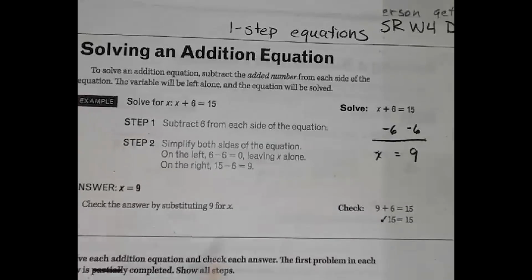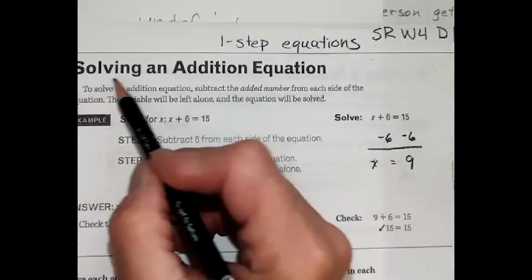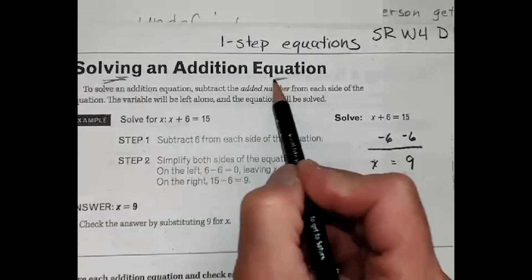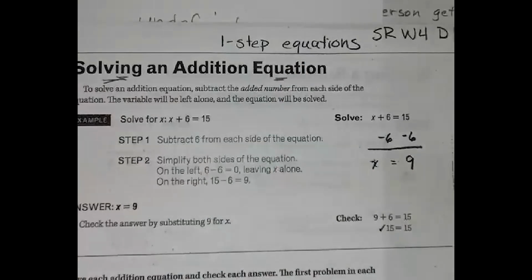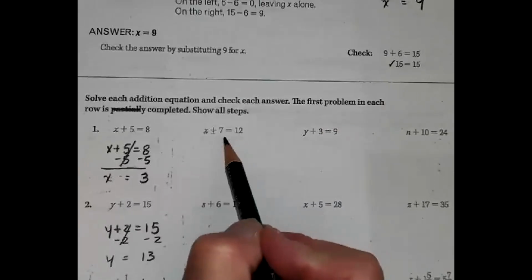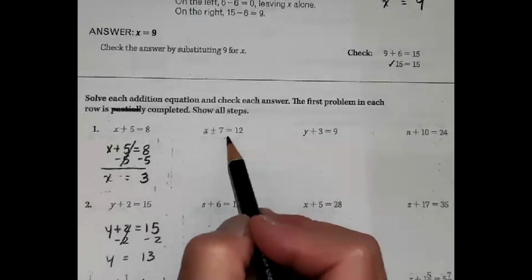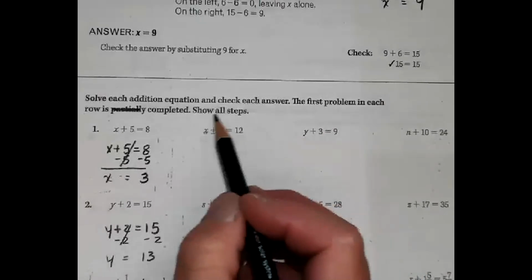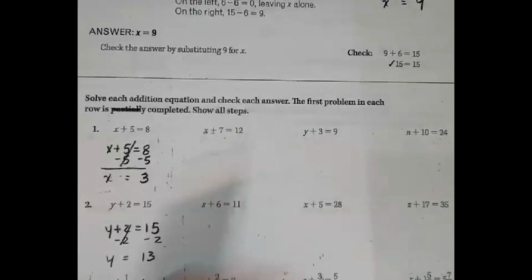And now we're going to be solving equations. Everything in all of these problems today will have an equal sign in it, and you'll be able to find a number that makes this statement true.